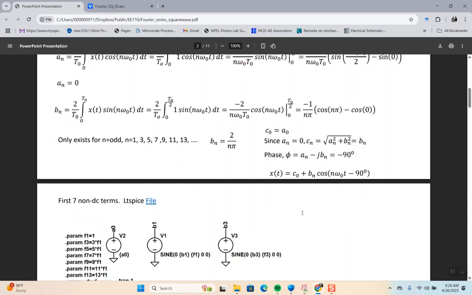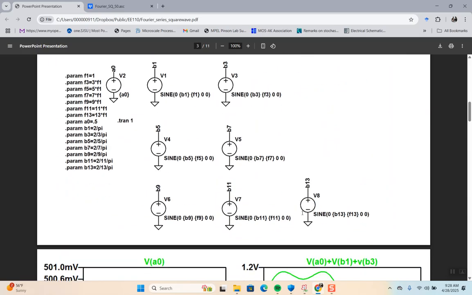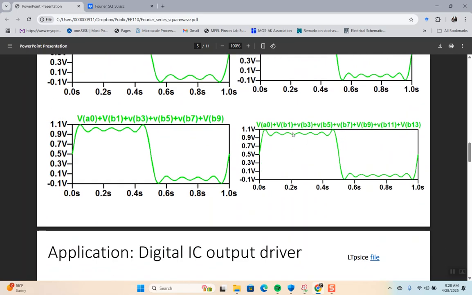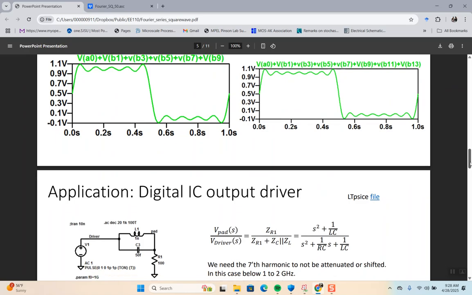I'm just saying, if this was a kilohertz, that'd be 3, 5, 7, and so on. And so these high frequencies are there, those harmonics, and that's what they look like. Okay.